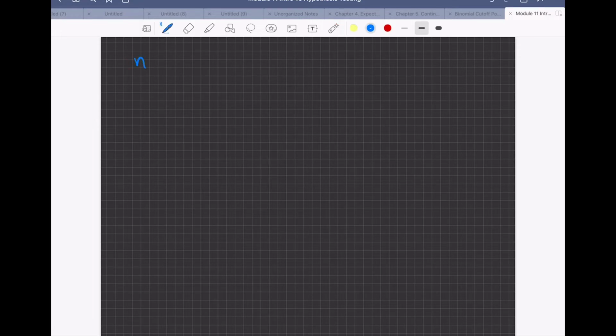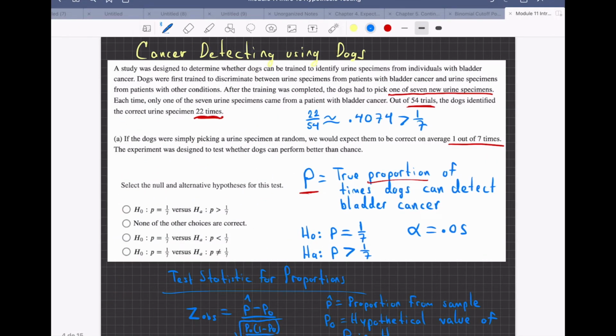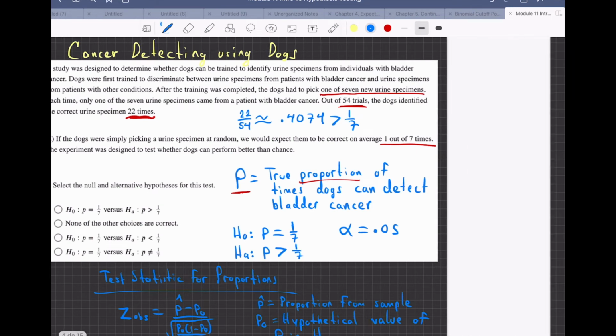N is the size of the sample, or in this case, the number of trials. So here you have P hat, P0. So we have everything that we need.